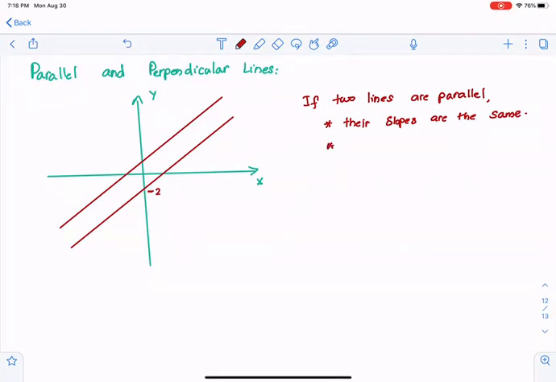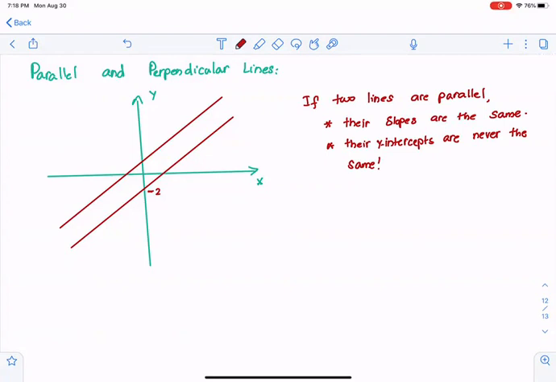But their intercepts, y-intercepts to be very specific, are never the same.